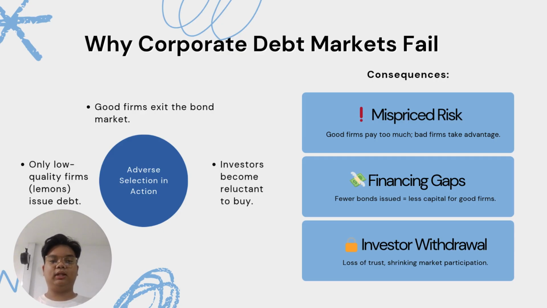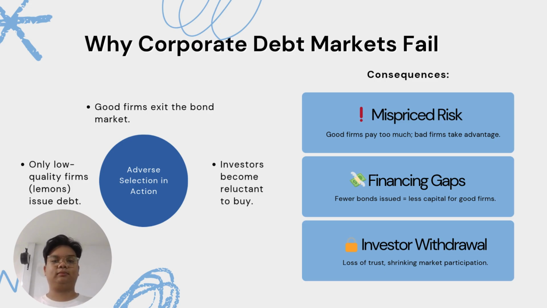In this slide, I will talk about why corporate debt markets fail. It will be divided into two sections: adverse selection in action, where this adverse selection plays out in the real market, and the second one, the consequences, the impact and effects of this adverse selection.